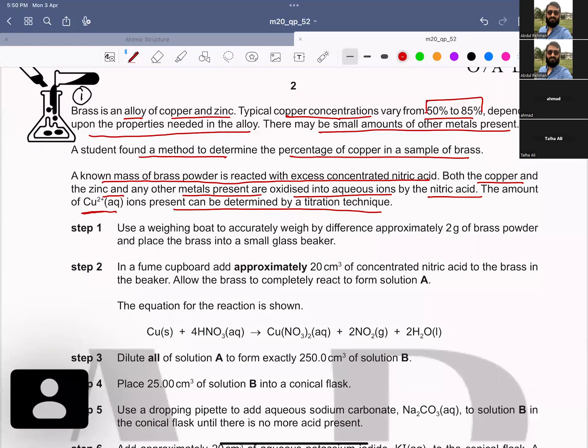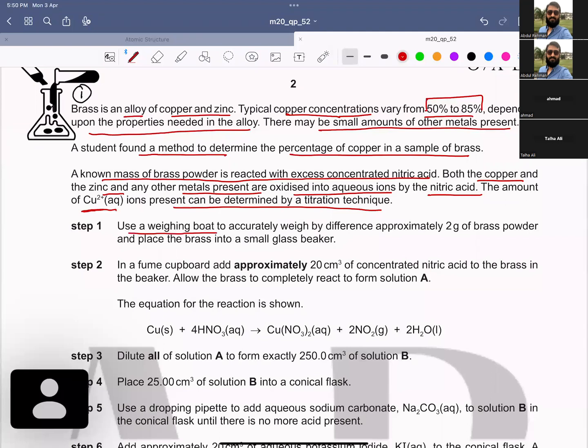Step 1: use a weighing balance to accurately weigh by difference approximately 2 grams of brass powder and place the brass powder into a small glass beaker.